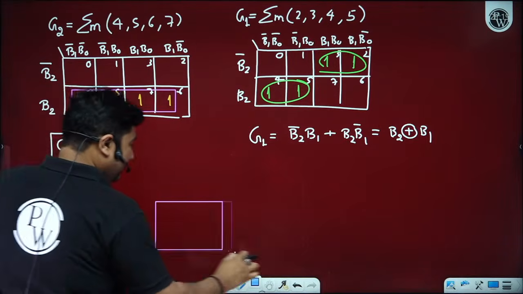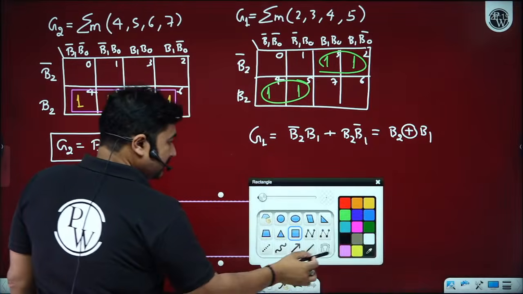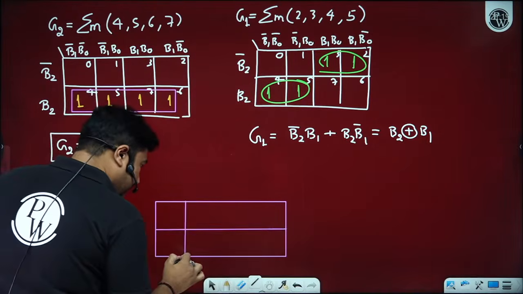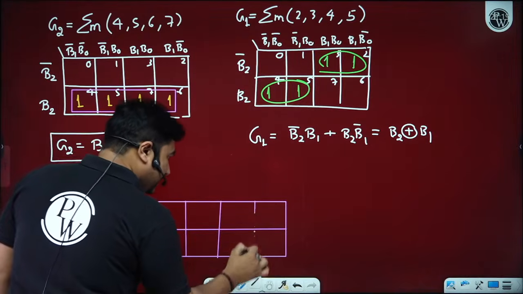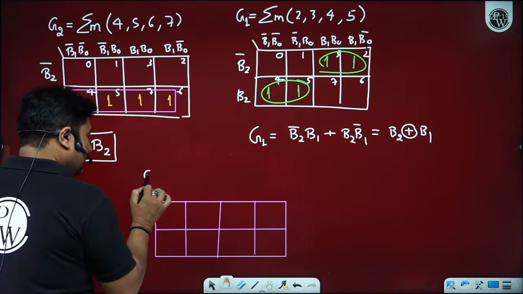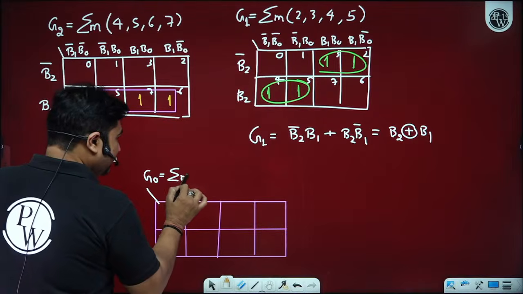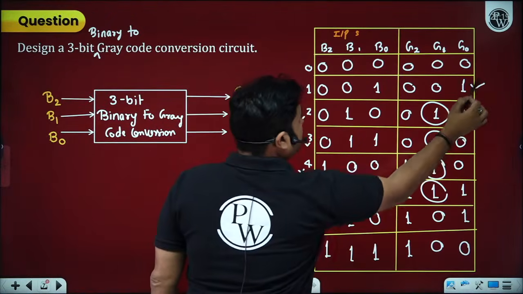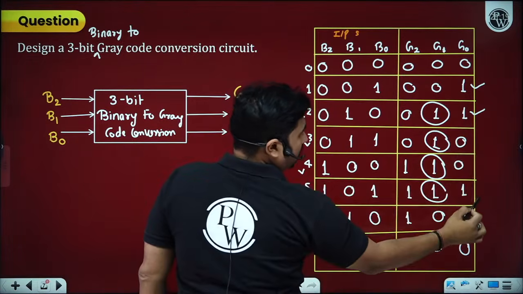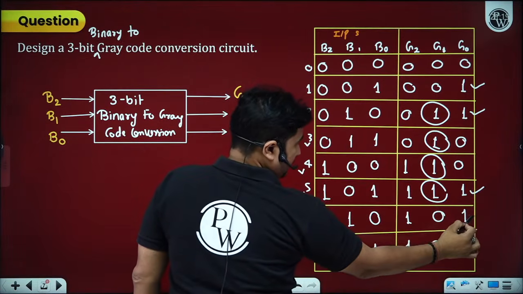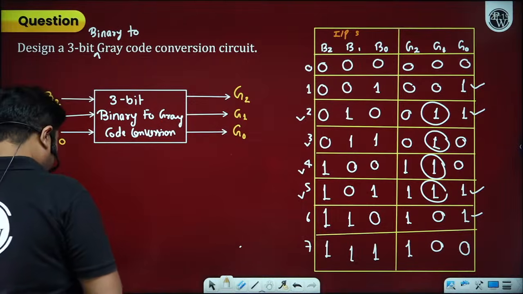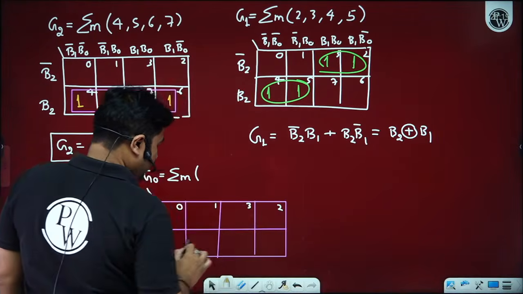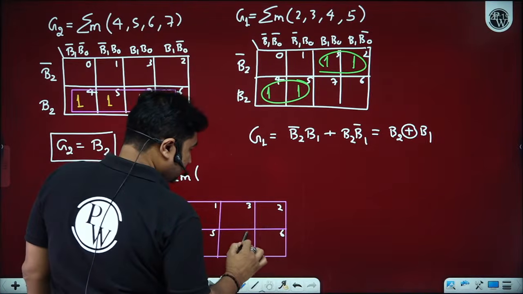In the same way, I am observing the last part as well, that is G0. If you observe G0, what are the conditions where G0 is high? G0 is high on the binary conditions of 1, 2, 5, 6. So 1, 2, 5, 6, out of 0, 1, 2, 3, 4, 5, 6, 7.